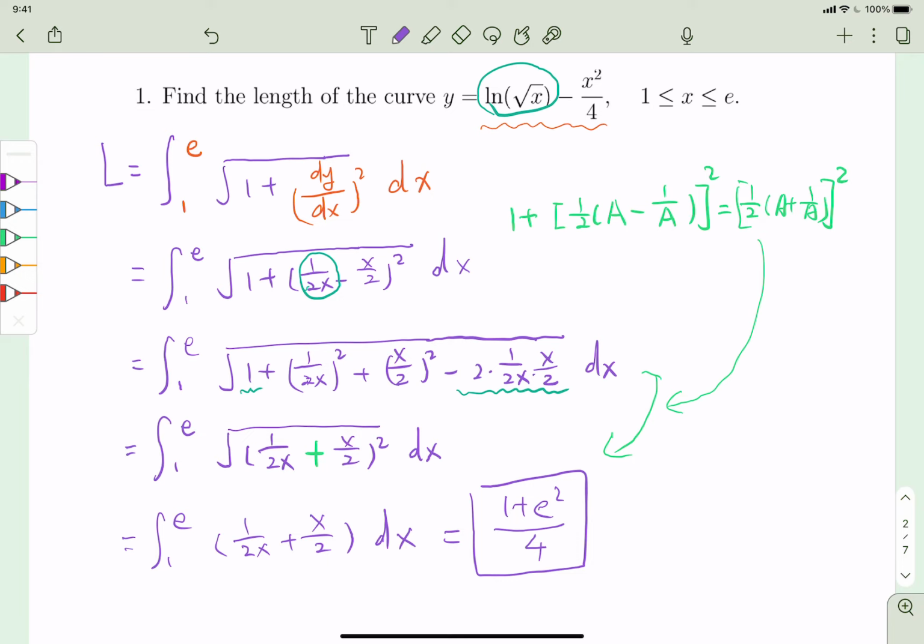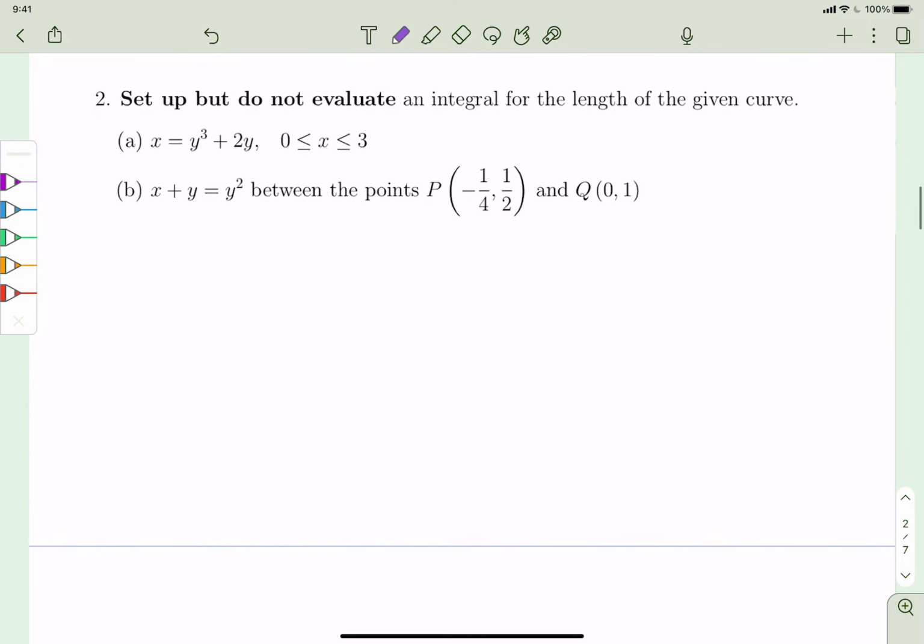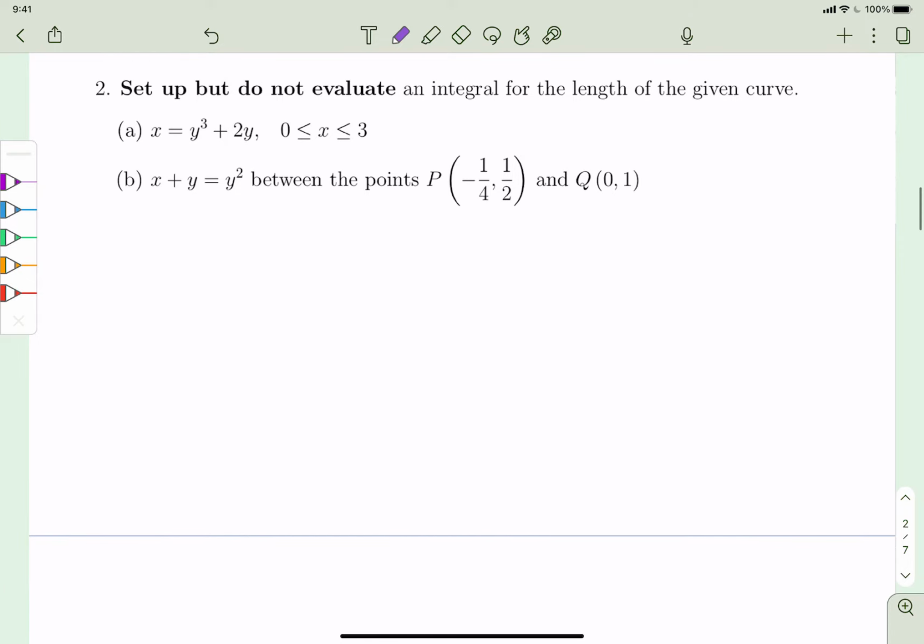Now let's go to question 2. Question 2 is here. Set up but do not evaluate an integral for the length of the given curve. Okay, so it's actually the same type of question as question 1. We follow the formula to write the integration here.